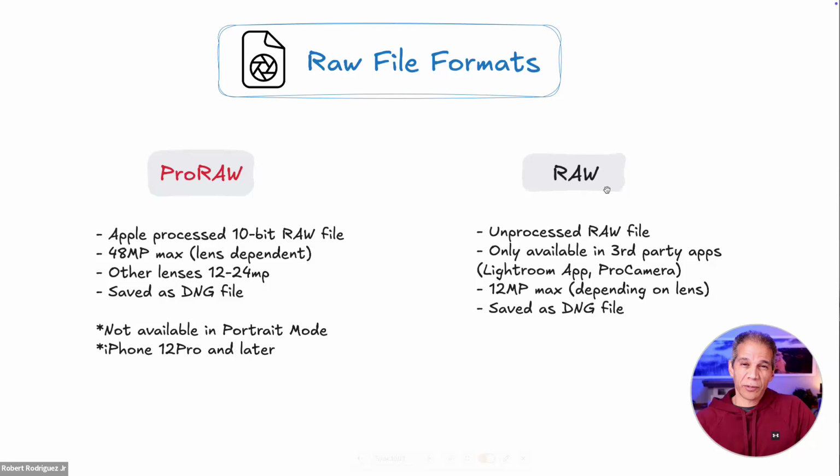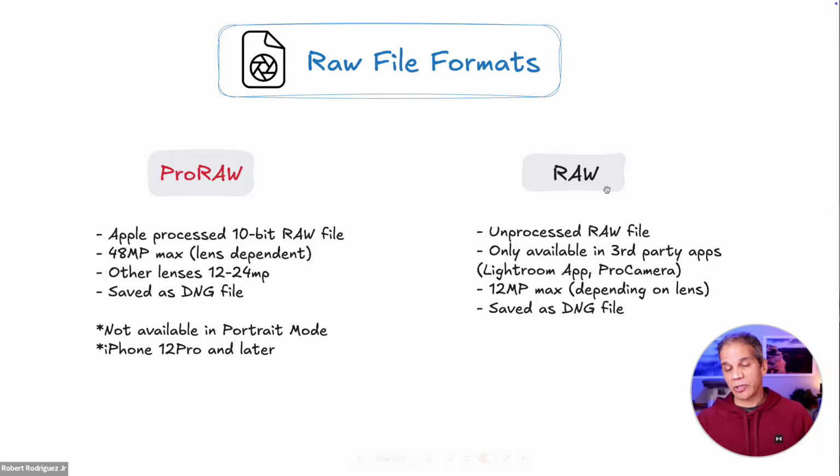With ProRAW, you don't really get an HDR mode. You sort of have to live with what Apple gives you. So it's one of those things, honestly, that you're going to have to experiment with and play with a little bit to decide which one you want to use.